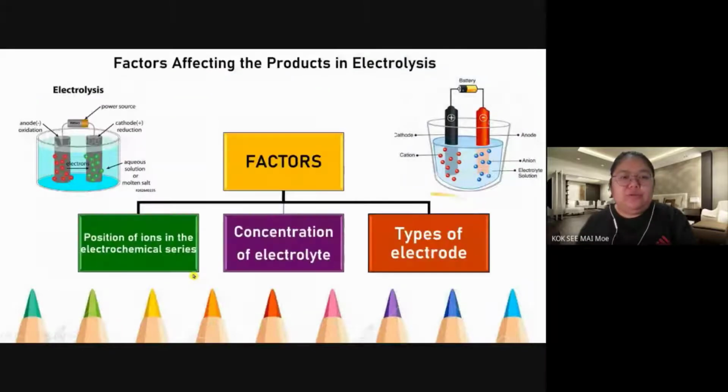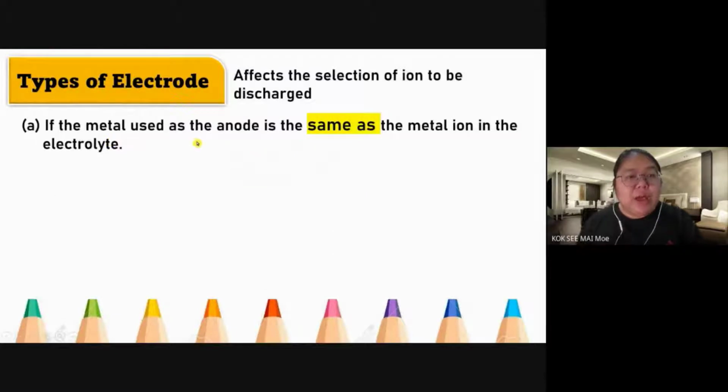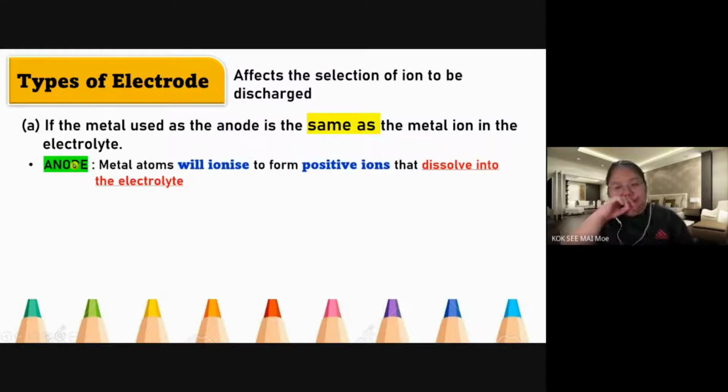Now if the metal used as the anode is the same as the metal ion in the electrolyte, let's see what happens at the anode. The metal atom will be ionized. For example, the copper will be ionized to form positive ions, and these ions dissolve into the electrolyte.